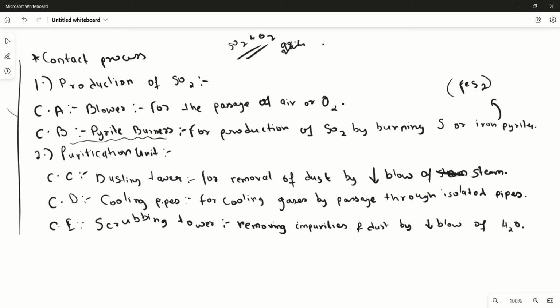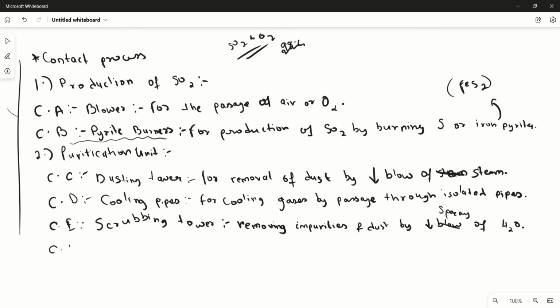It's not blow actually, it's spray. Downward spray of water. Great. So chamber E, the scrubbing tower, removes impurities and dust by spray of H2O.